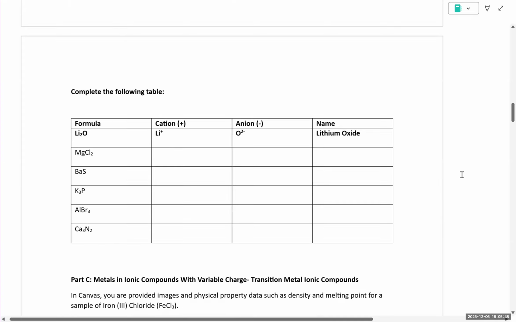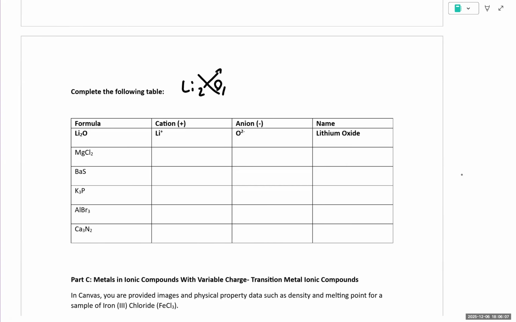Let's keep going now. We're next asked to complete this next table where we are given the formula. We're asked to identify the cation and anion and then name our compound. So in this case, for lithium oxide, just to show the process, we can in turn get back to the cation and anion by moving the subscript back to the charge.